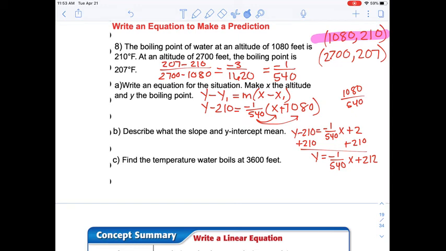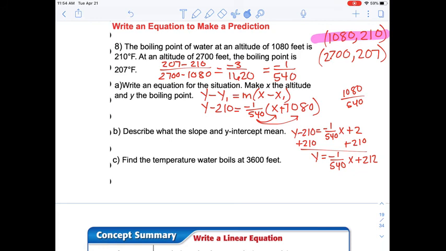So as you go up in feet, up in elevation, you are going to be going down in temperature.